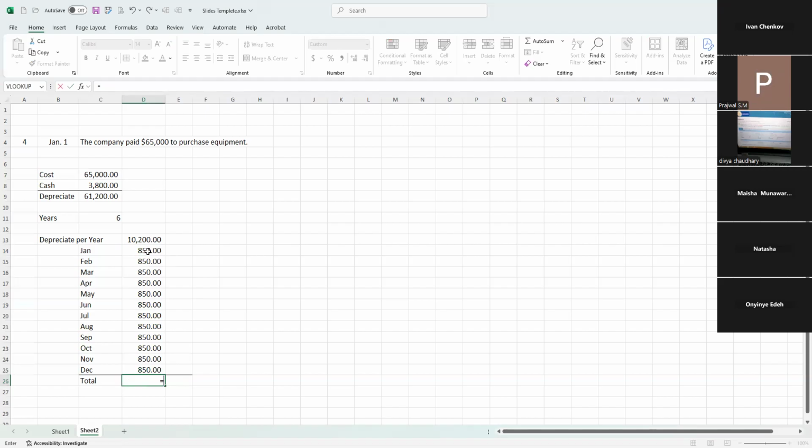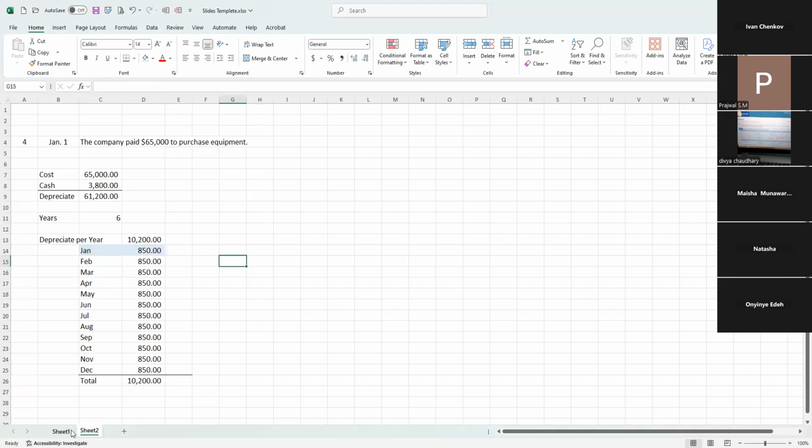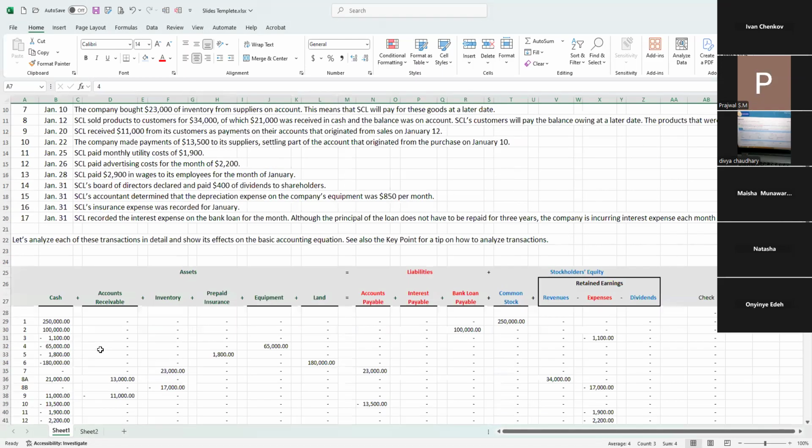Let's see if that's the case. $10,200. So we are now at the end of January. How much will our depreciation be at the end of January? $850. Make sense? Correct? Okay.